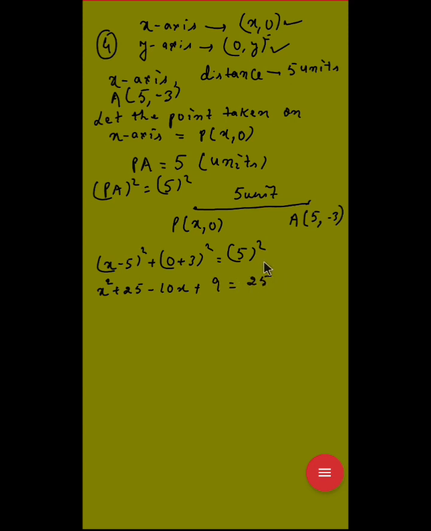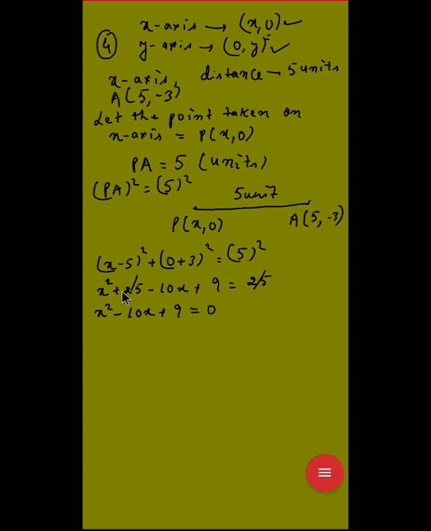And do your calculation. So we have x square, and we have 25 over here and 25 over here, so this part and this part cancel. So we have the equation x square minus 10x plus 9 is equal to 0. Again we are going to factorize this quadratic equation.